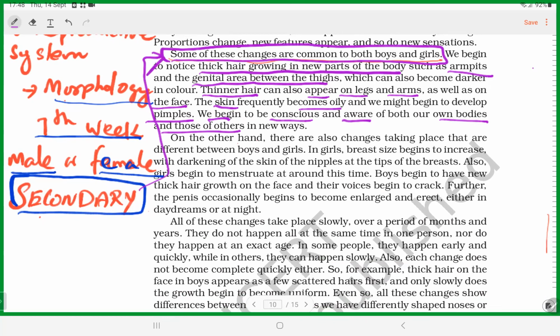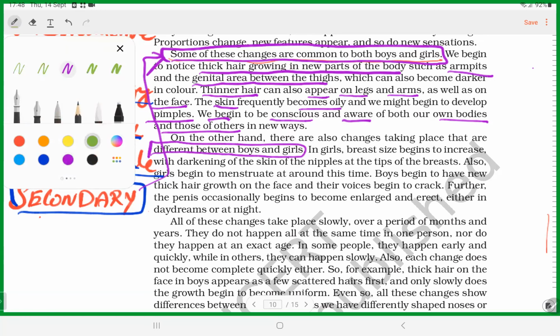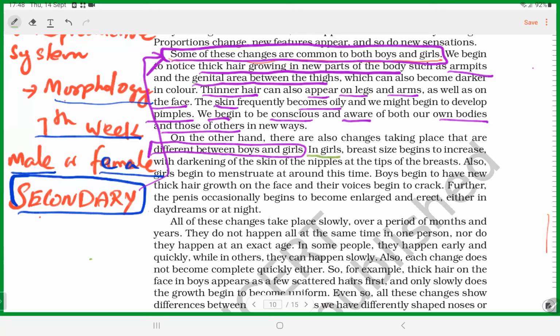And now, secondary sexual characters which are specific, which are different between boys and girls. In girls first: breast size increases, darkening of the skin of the nipples and tips of the breast, thick hair growth on face, and menstruation.